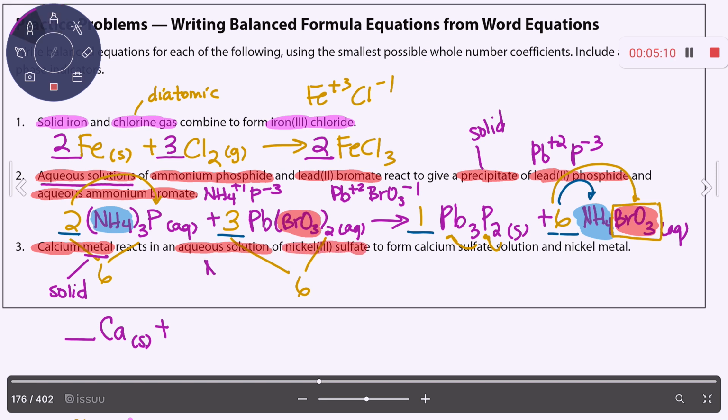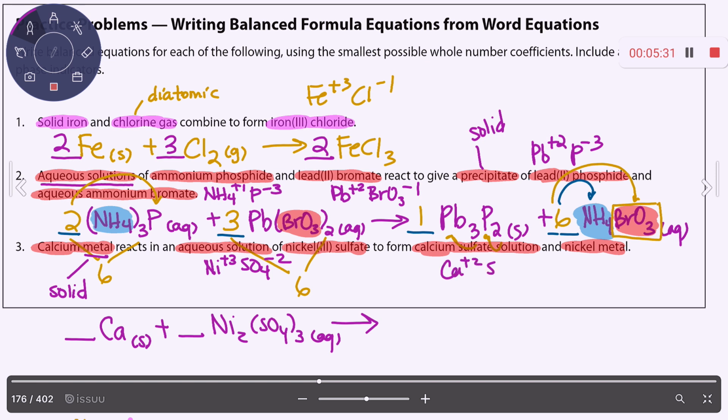So this is going to be Ni plus 3 and then SO4 minus 2. So we've got 2 nickels, 3 sulfates, and it's dissolved in water. And then we're forming calcium sulfate solution and nickel metal. So calcium sulfate, we have 1 of each ion. It's dissolved in water because it's a solution, and then nickel metal is just a solid.